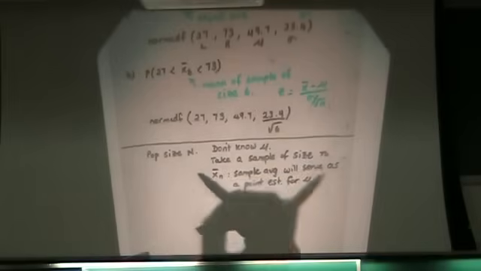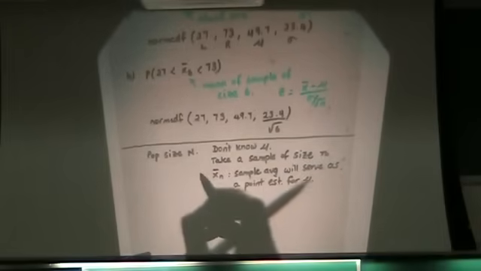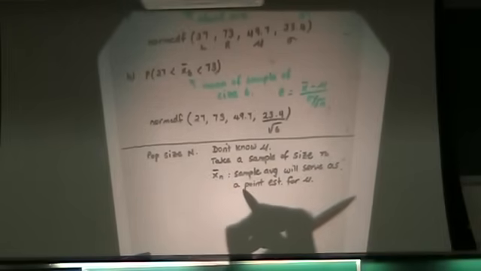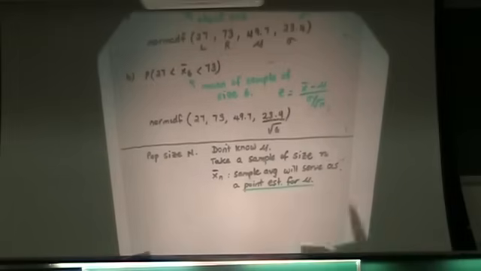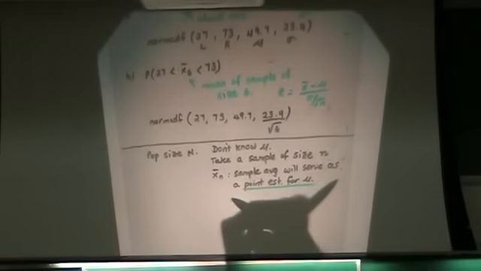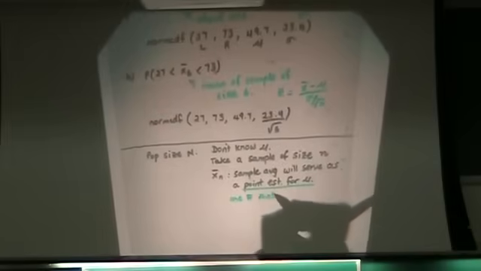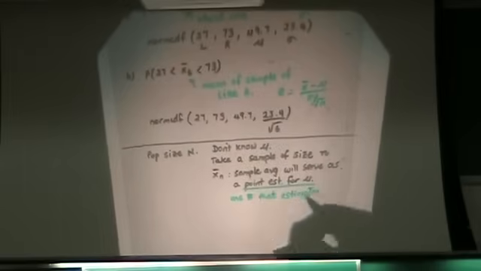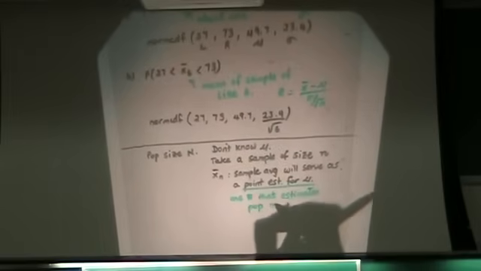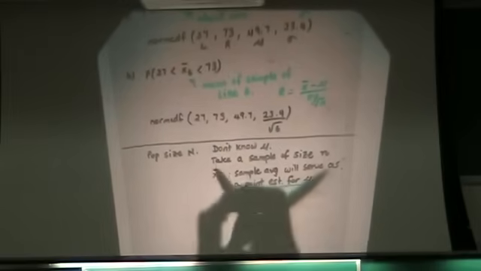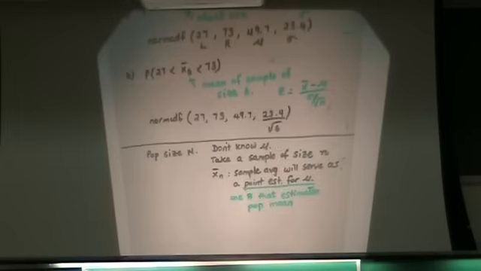First thing you have to know is that this is a point estimate for mu, which means that it's one number that estimates the population mean. And this sample average is a point estimate for mu. So that's the first way to estimate mu.